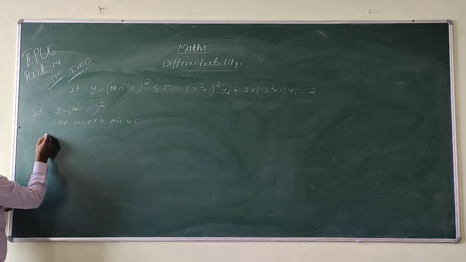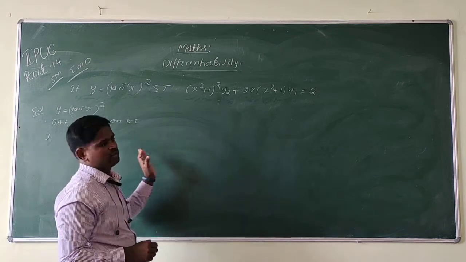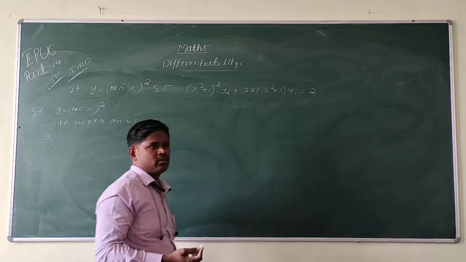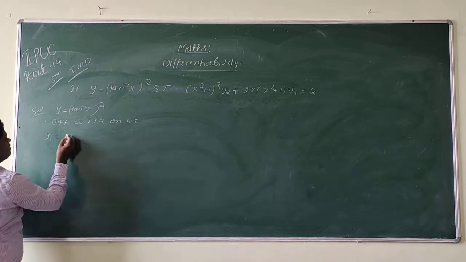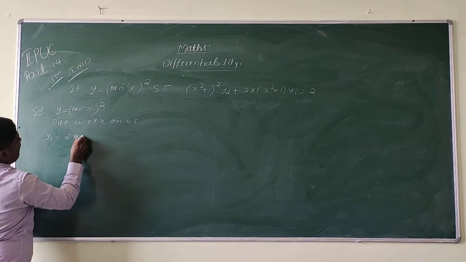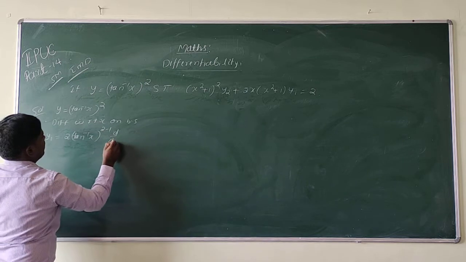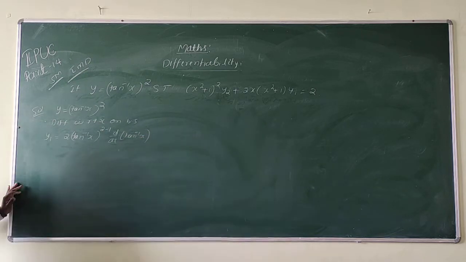So then we get y1. We are taking in terms of y1 and y2 because in the given equation we have y1 and y2. So y1 is equal to differentiation of this one, which is 2 into tan inverse of x to the power of 2 minus 1 into d by dx of tan inverse of x.